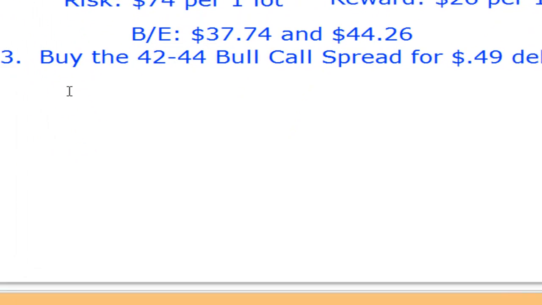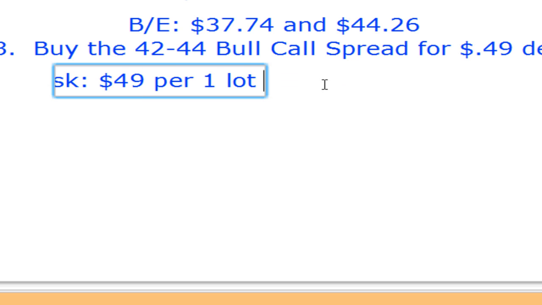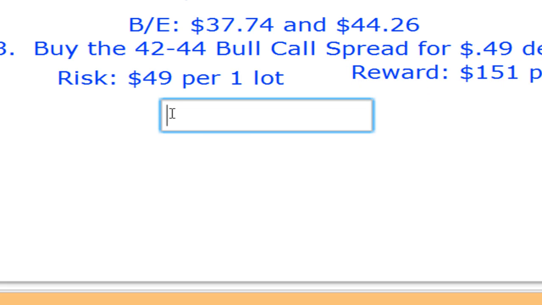On this trade, my risk would be $49 per one lot. My reward would be $151 per one lot. My break even on this trade is very easy. It's a lower strike option plus the price of the spread, $42.49.